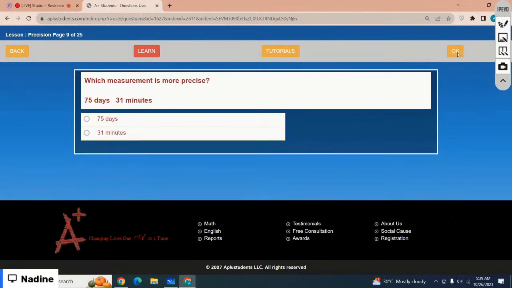Which measurement is more precise, 75 days or 31 minutes? Which is the correct option?